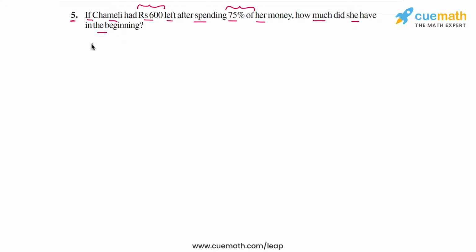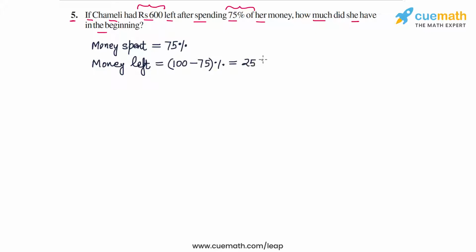So the observation we make to solve this problem is that the money spent by Chameli as a percentage is 75% of whatever money she had in the beginning, which means that the money she has left as a percentage of the original money will be 100 minus 75, or 25%.